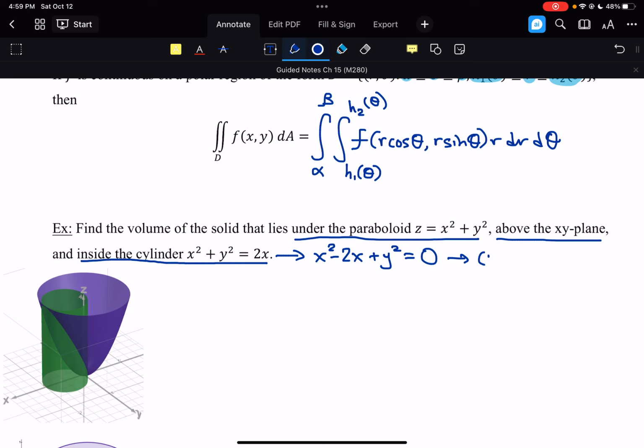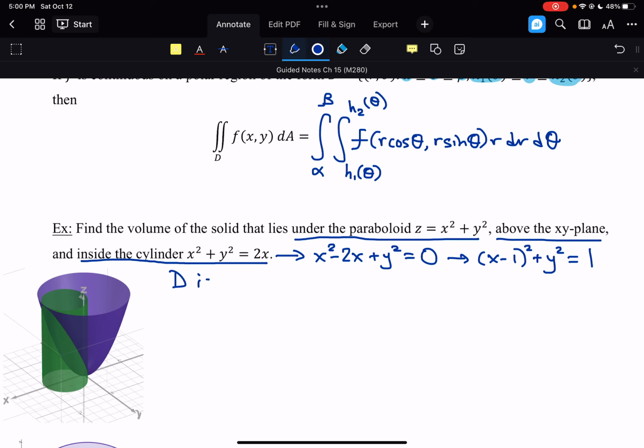This ends up giving us x minus 1 squared plus y squared equals 1. Because the region that we're working on is down here. It's this circular region. But it's not centered at the origin anymore.